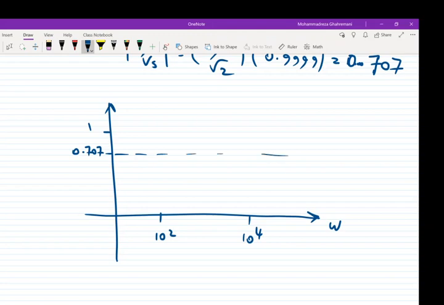Okay, so mark these lines. Okay, and this one will be the frequency response of this filter.